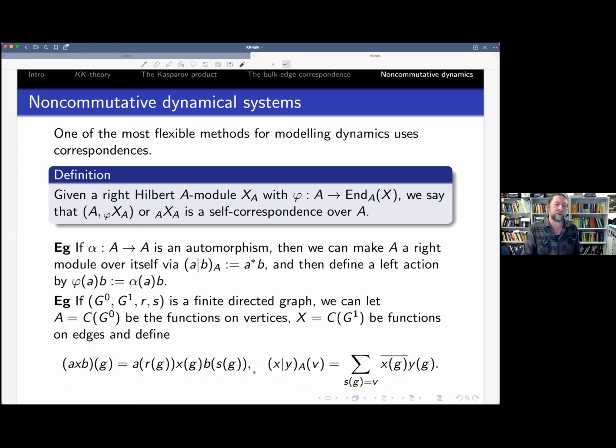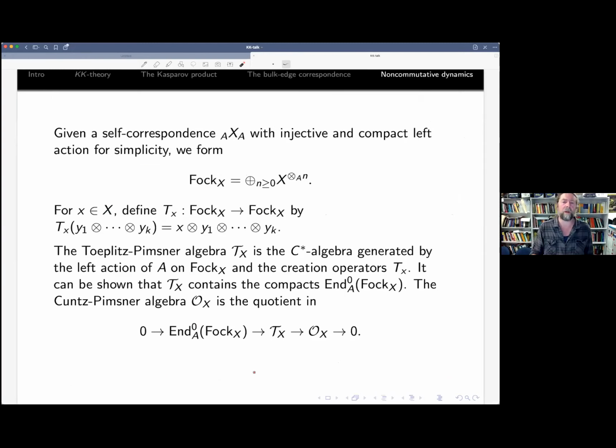Okay, so that's two quite different sorts of module. Given the self-correspondence, and for simplicity, I'm going to take the left action to be injective and act by compact endomorphisms. Then you can build this Fock module. So this is taking a direct sum of all possible internal tensor powers. The zeroth one here is a copy of A with trivial left action and trivial right action.